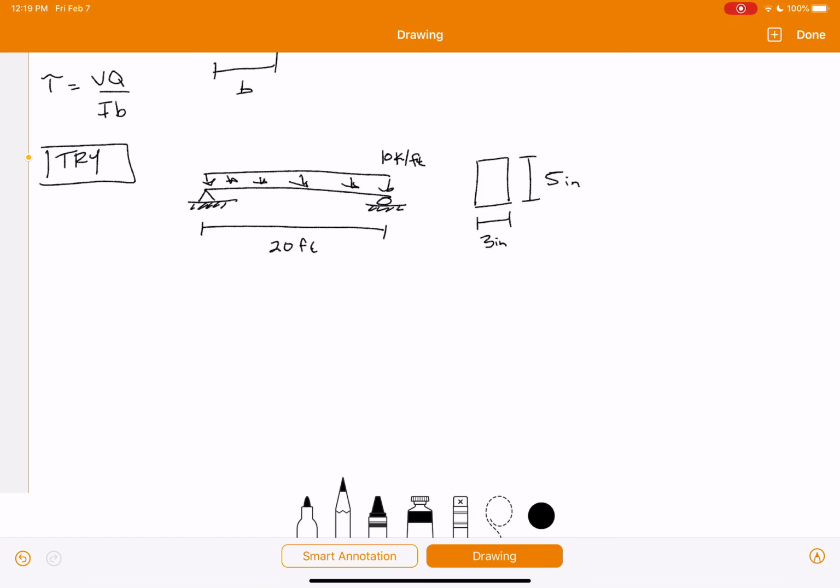Go ahead and find the bending stress and the shear stress for that beam. Again, watch your units, but you can check your answer with the PDF. It's number 3.